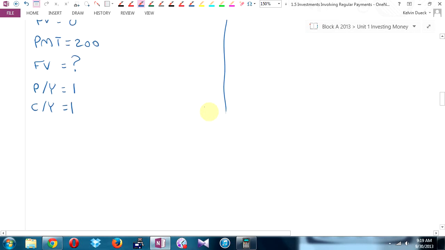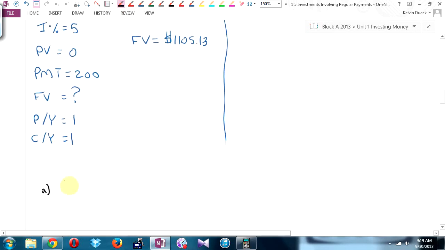Okay, that I can already answer part A. A, the answer is future value is 1105.13, and if you want to, in your notes, you can write from calc so that you remember how we found it, Jake. Okay, check.